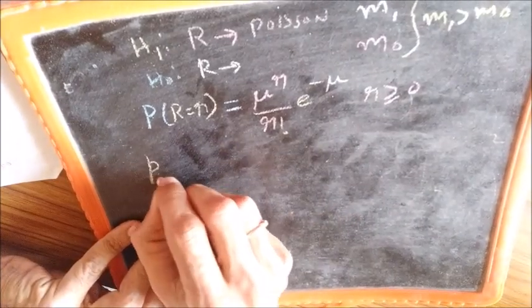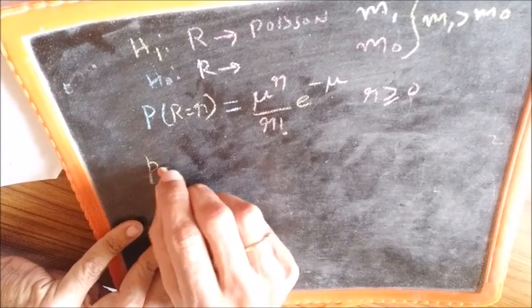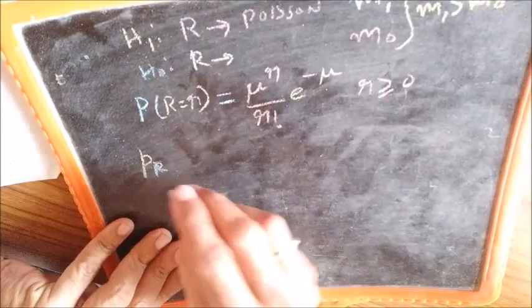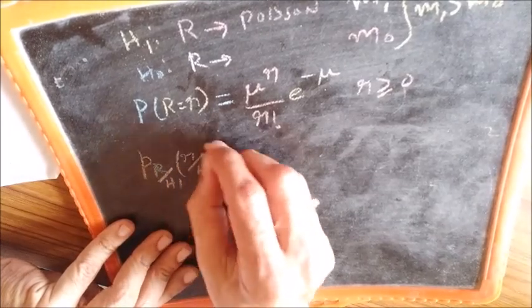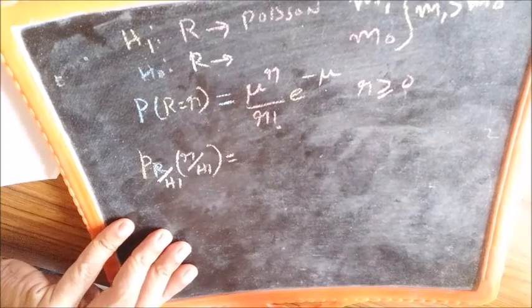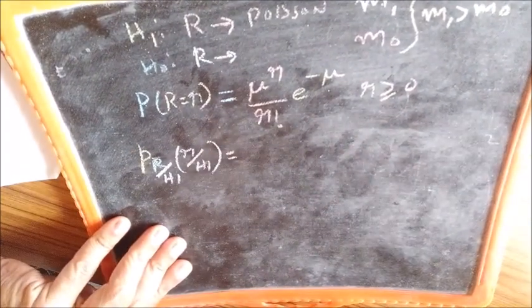So in our case, when we try to find out the probability density function of the received vector, here what we have received is a random variable, it's not a vector, so I'll simply write p(R|H1). Remember, it is a discrete distribution, so the density function will have a series of impulses.